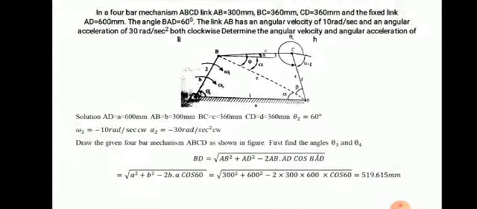Link AB is equal to 300 mm, BC is equal to 360 mm, CD is equal to 360 mm, fixed link AD is equal to 600 mm, theta 2 is equal to 60 degree. Omega 2 is minus 10 radian per second clockwise, alpha 2 is equal to minus 30 radian per second square.